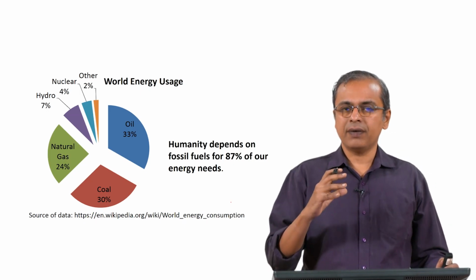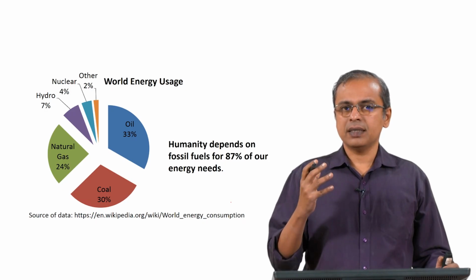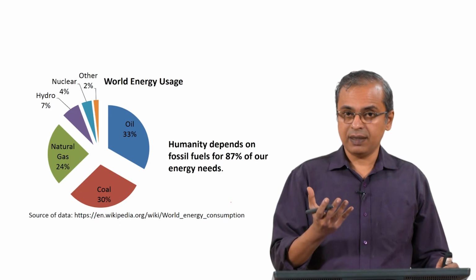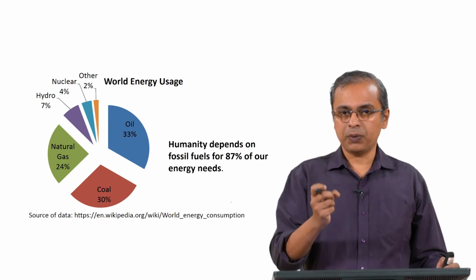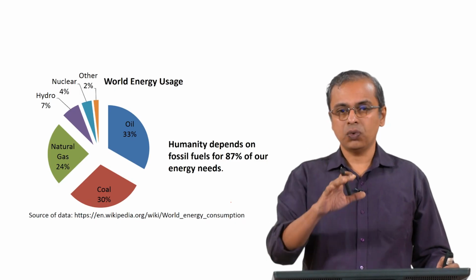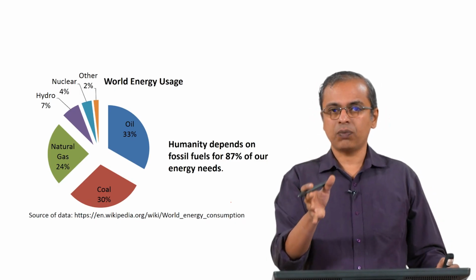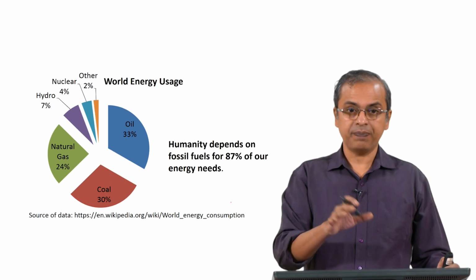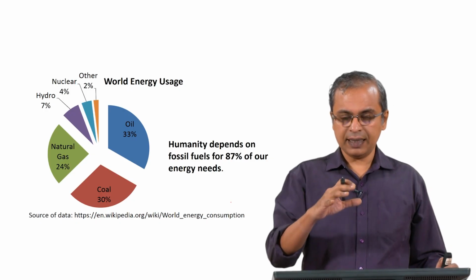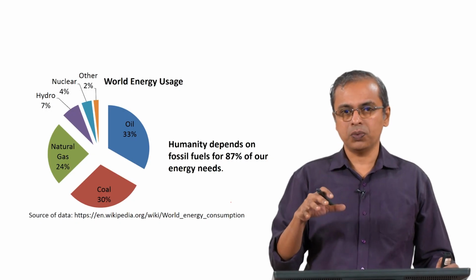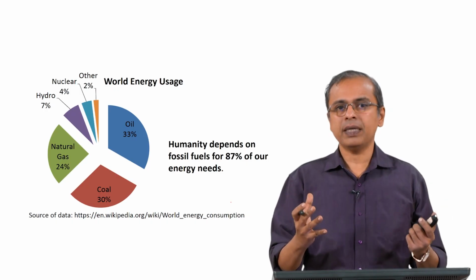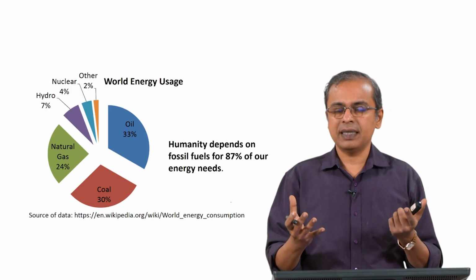It is just that when the data is put together, there are certain aspects that people are focused on, and therefore it is presented in a certain way, because sometimes some energies are clubbed together, sometimes they are separated, and some decision has to be made as to what category one energy should fall under, what category another energy should fall under, etc. So it is an area for considerable debate. That is one important point that I will emphasize to you as we go through this class: there are different terms being used, and they mean certain different things.